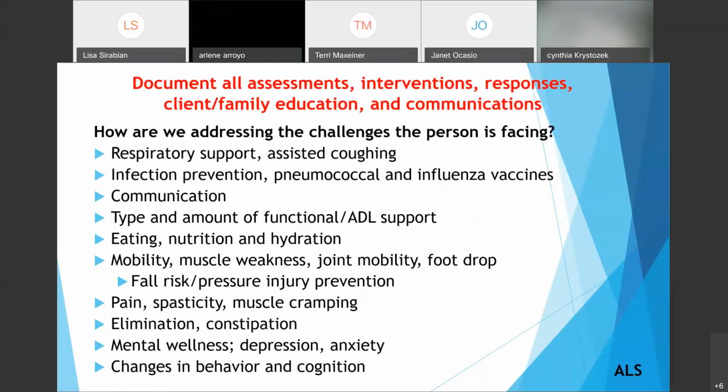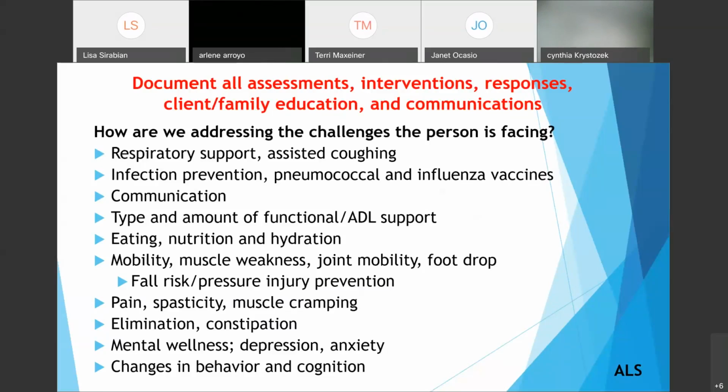Okay, so how are we addressing the challenges that this person is facing? Respiratory support here is on the top of this particular list, so assisted coughing and support. Infection prevention, the pneumococcal influenza vaccines will be offered, of course. Communication, and OT can help us get started with communication strategies. They really recommend doing that very early, by the way.